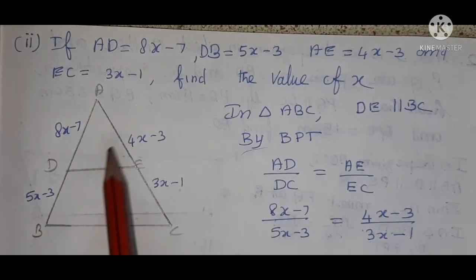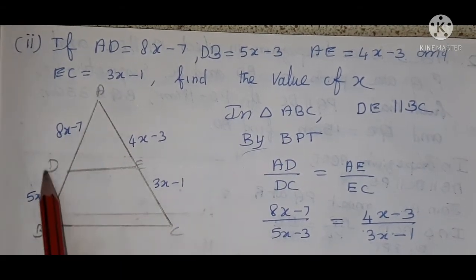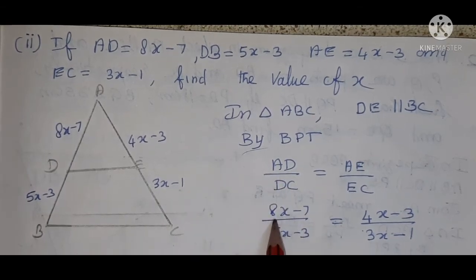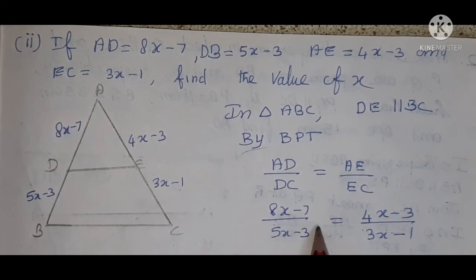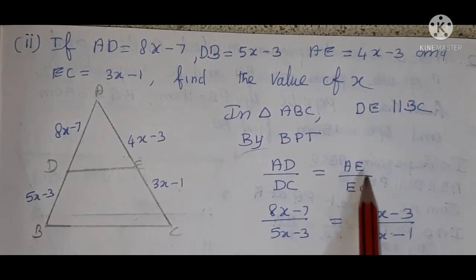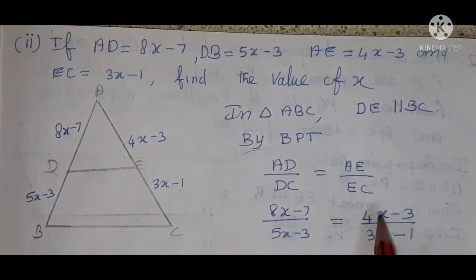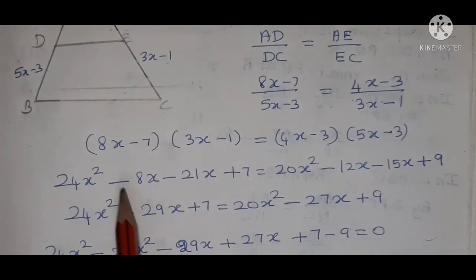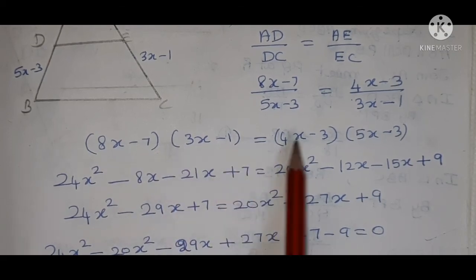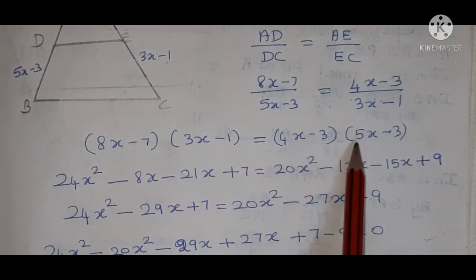By PPT, AD by DB is equal to AE by EC. 8x minus 7 by 5x minus 3 is equal to 4x minus 3 by 3x minus 1. Cross multiplication, we get (8x minus 7) into (3x minus 1) is equal to (4x minus 3) into (5x minus 3).